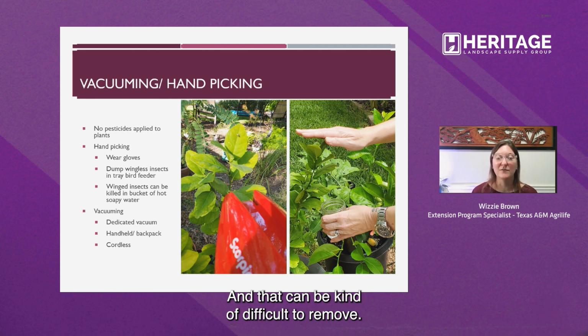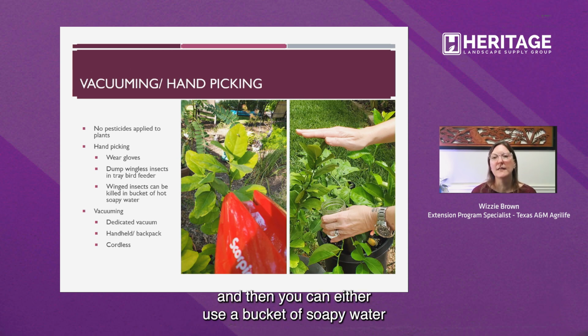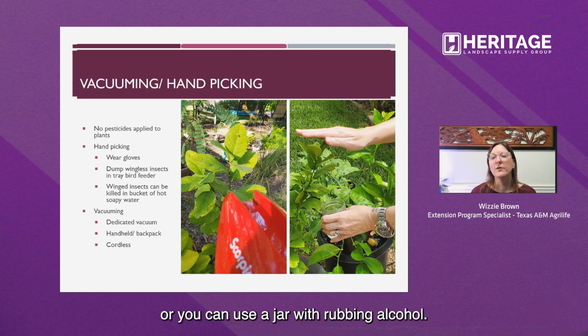And that can be kind of difficult to remove. So if you're hand picking, wear gloves, and then you can either use a bucket of soapy water to put those insects in, or you can use a jar with rubbing alcohol. You want at least 70% isopropyl alcohol, and that's what you see in the jar on the right-hand side picture.